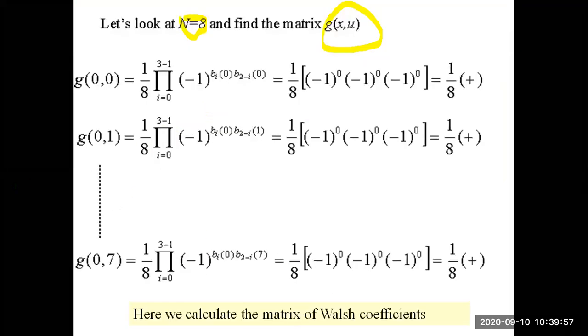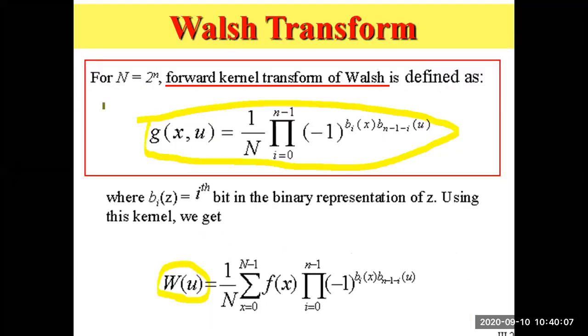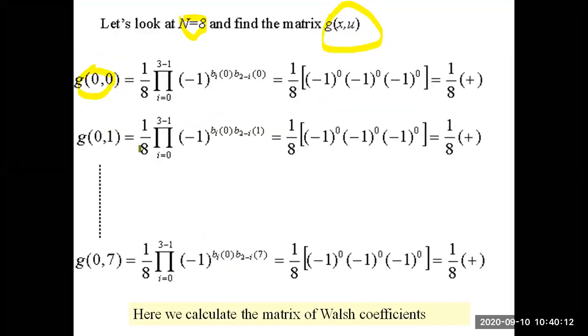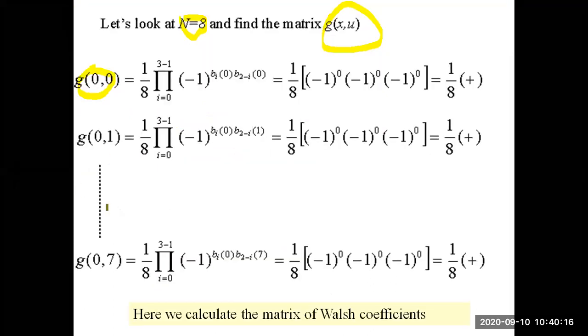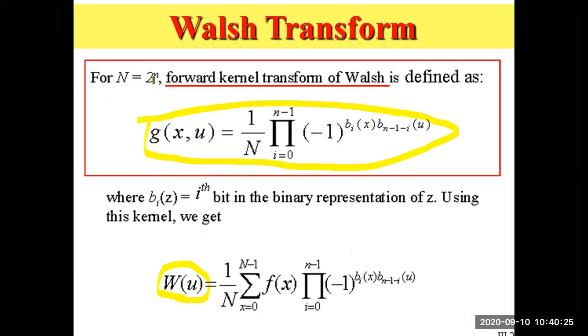So, what is my G of 0, 0? That means x is 0 and u is also 0. What is your formula? 1 by N. What is 1 by N? Your capital N value is 8, and the product is for i equal to 0 to small n minus 1.